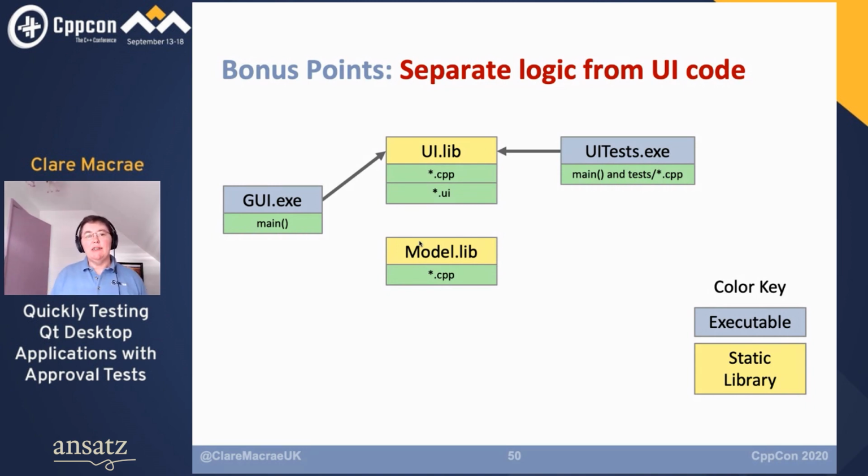Behind this is that often when people first write GUI code, they tend to mix in the code that implements the requested changes from the user interface with the GUI code. So what we're saying here is separate out domain model type code into a lower level library and have your UI library depend on the model code, but not the other way around.